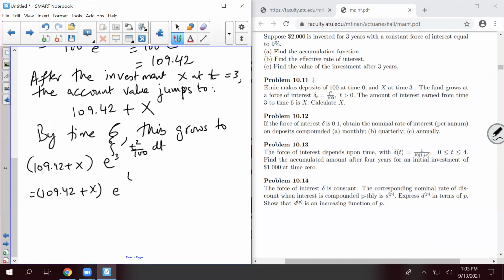E power t cube by 300, 3 to 6. E power 6 cube over 300 minus 3 cube over 300. So what's this number?